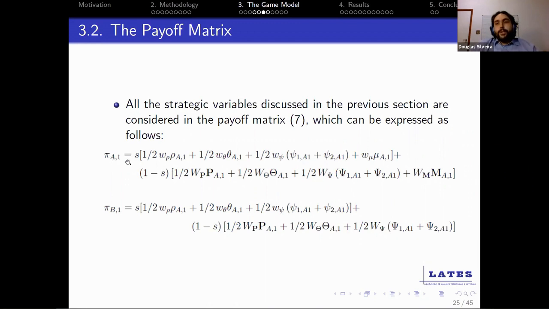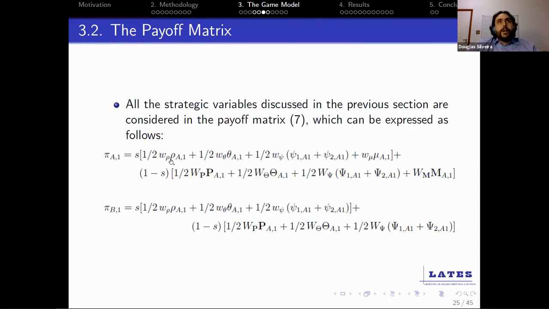For Pi A1, remember that we have a population of firms that are already located in the UK, and another population of firms that are located in one of the European Union countries. And the type A firms are the ones that are located in one of the European Union countries. So it will have the following payoff.